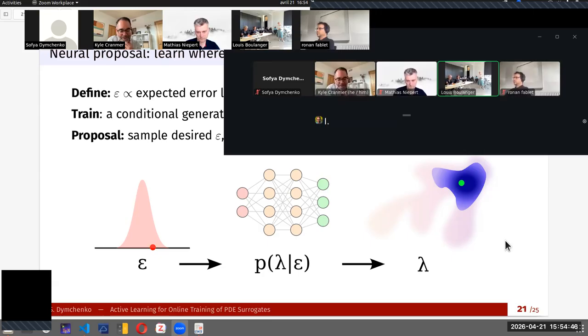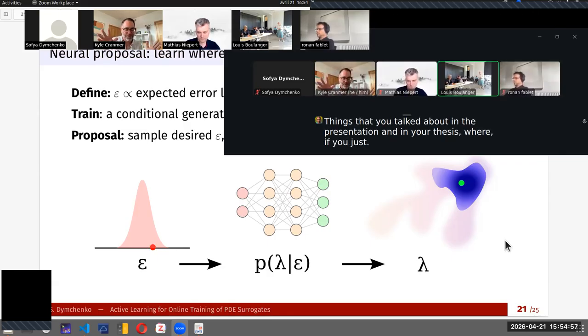The problem there is that they're very expensive to calculate. But they do capture things that you talked about in your thesis, where if you just do naive uniform sampling, you can have big regions of parameter space with trivial solutions where nothing really changes. These information theoretic priors would put a small volume on regions of parameters that don't change much.